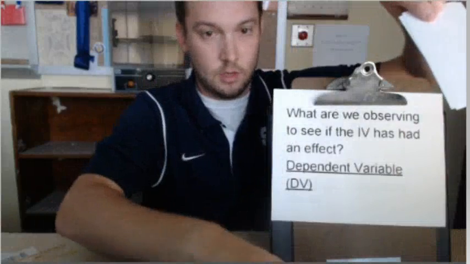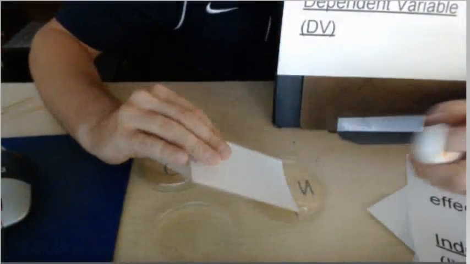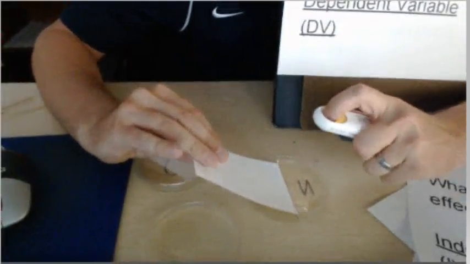Okay, so I'm going to spin that around. I'll even tilt this down so you can watch. Okay, I'm going to cover up the other side and then give this a real quick spritz and then cover it up.